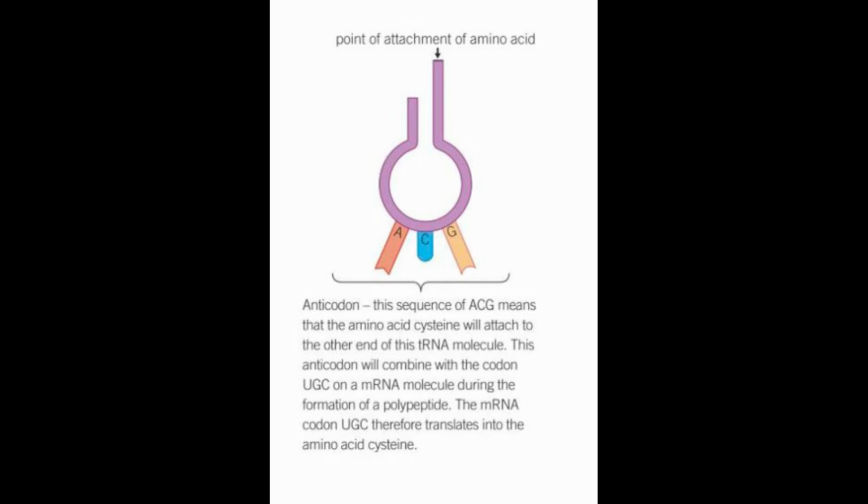So tRNA is a single polynucleotide strand that's folded into a clover shape. Hydrogen bonds between specific base pairs hold the molecule in this shape. Every tRNA molecule has a specific sequence of 3 bases at one end, and these are called anticodons. They also have an amino acid binding site at the other end.